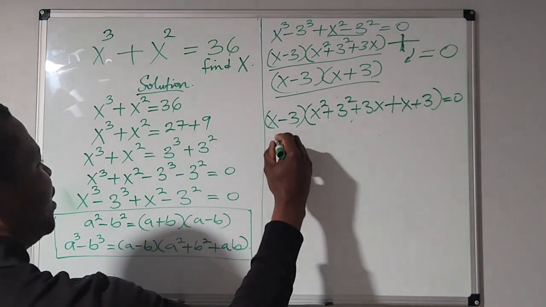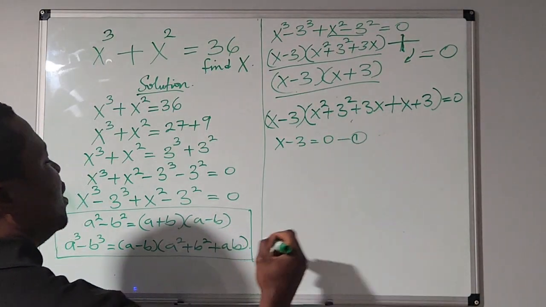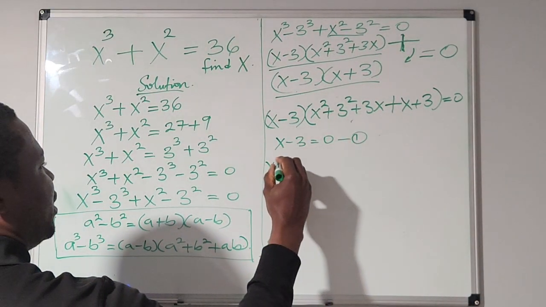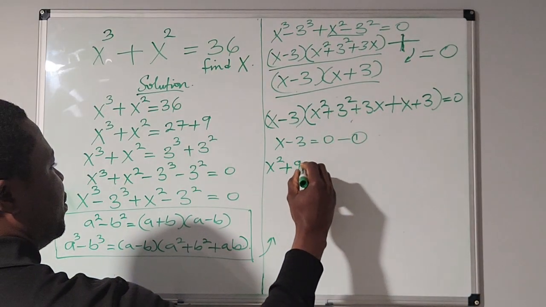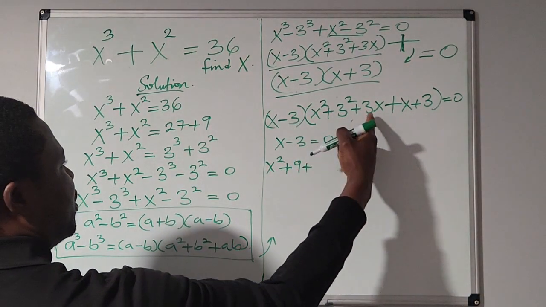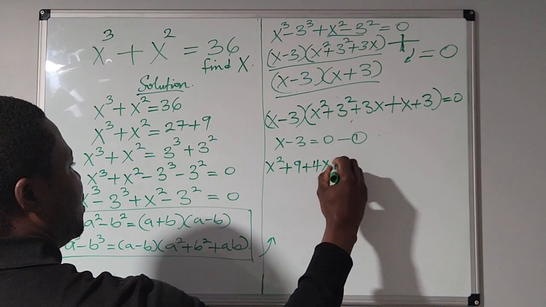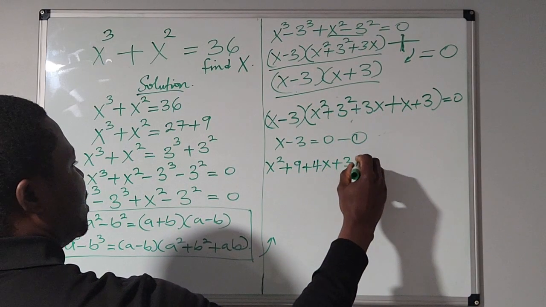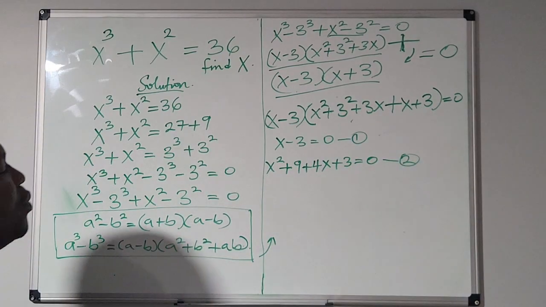So we have x minus 3 equals 0, equation 1, and x squared plus 3 squared is 9, plus 3x plus x is 4x, plus 3 is equal to 0, and that's our equation 2.